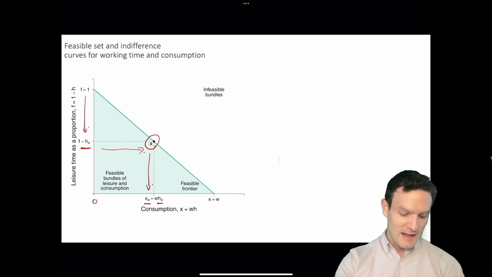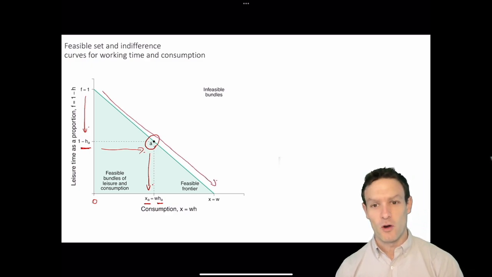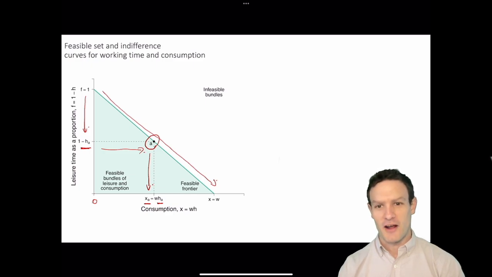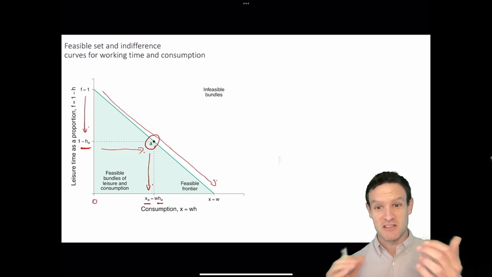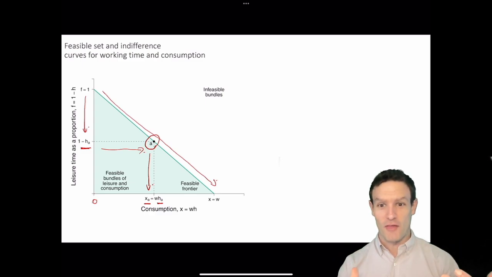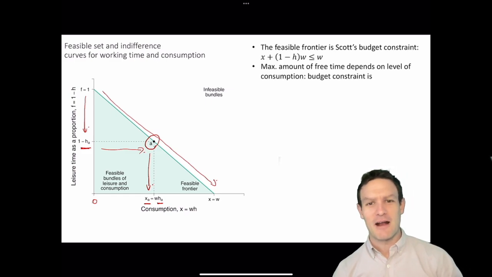Now, the line that we have here, that's basically saying what Scott does if he works for each fraction of that day and is allocating his time so that he gets the wages for that. So that's basically his budget constraint here in terms of wages that he receives for the fraction of the day that he works. So let's think about how that's working again.